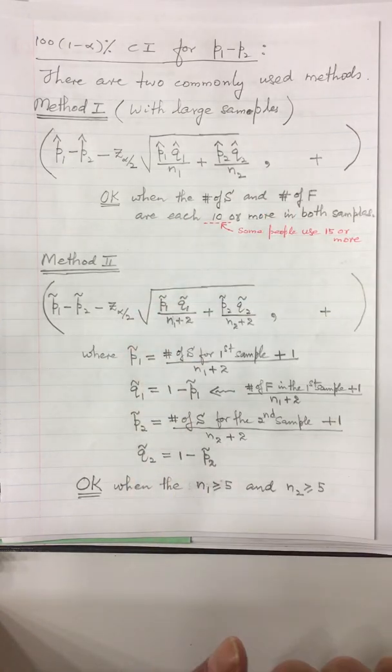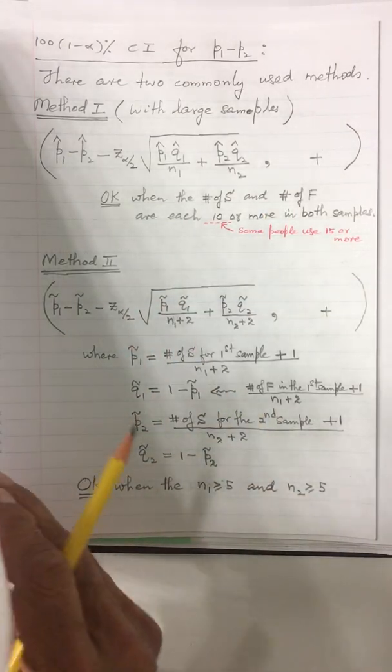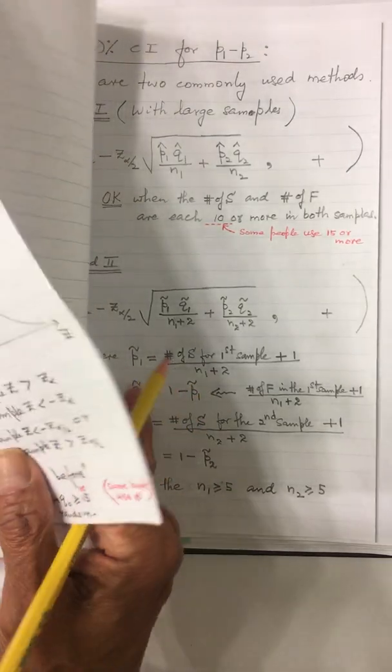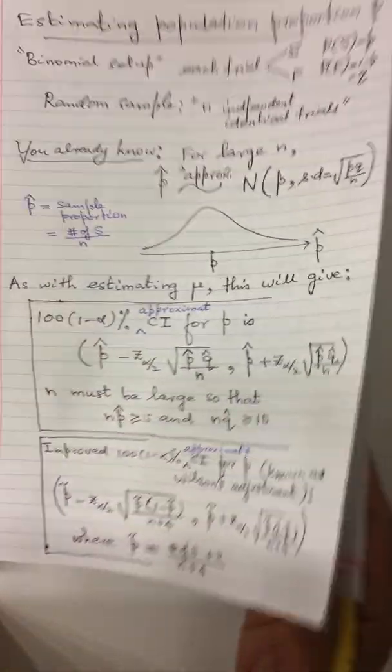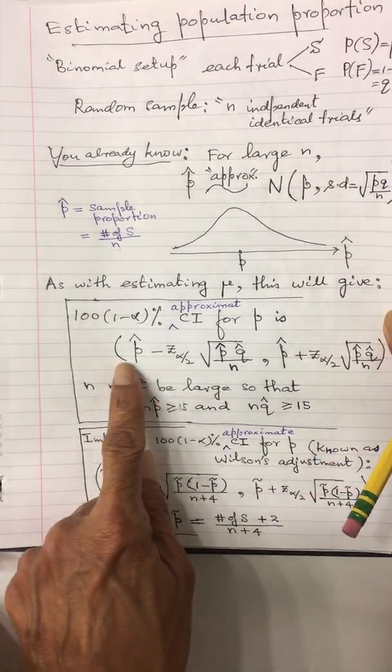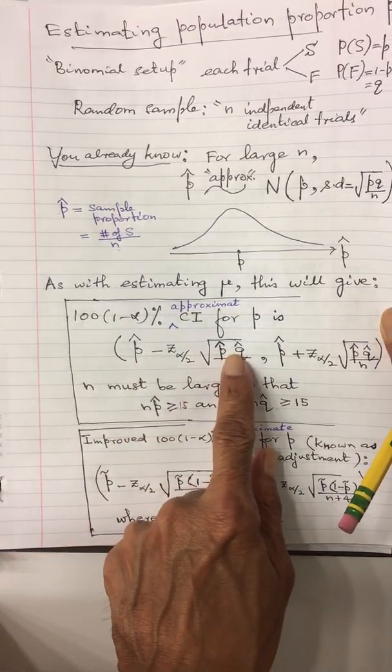So the second method is going to go like that. We did it before; if you look at your notes, it is the previous estimate I mentioned.